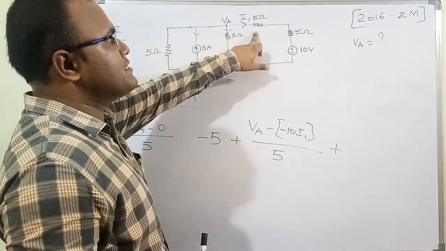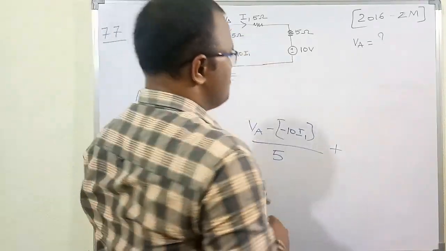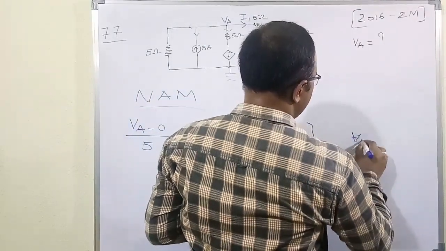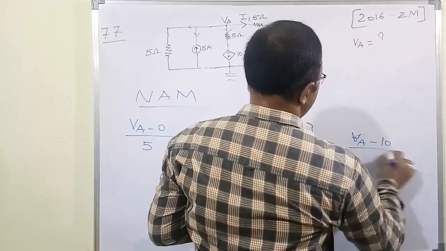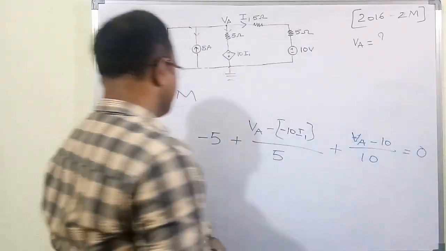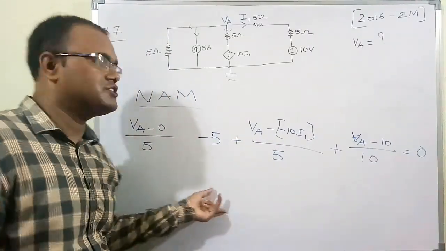Only the remaining branch is the last branch. Therefore Va minus 10 by 10 ohms. So Va minus 10 by 10 ohm is equal to 0. This is the algebraic sum of all currents leaving a junction is equal to 0.